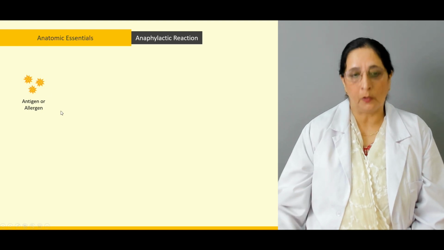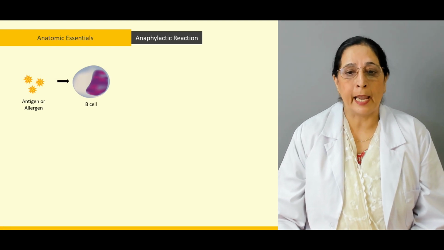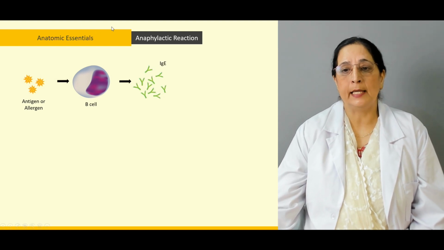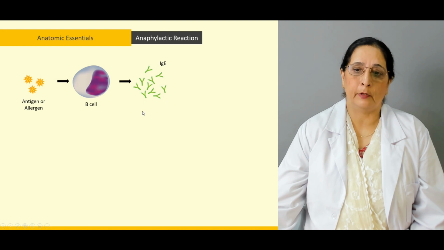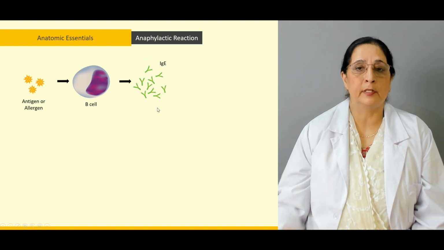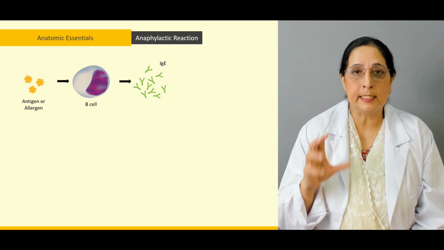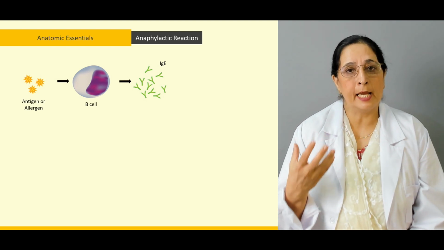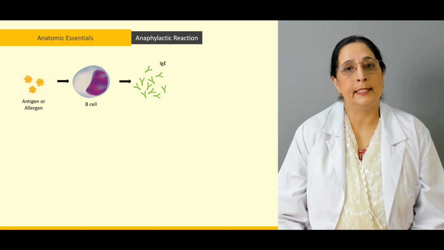So the antigen or allergen enters and acts on the B cells, and then IgE antibodies are produced. These are IgE, immunoglobulin E antibodies. These are produced in response to the entrance of allergen or antigens into the body, which bind to the B cell, and this causes production of IgE.